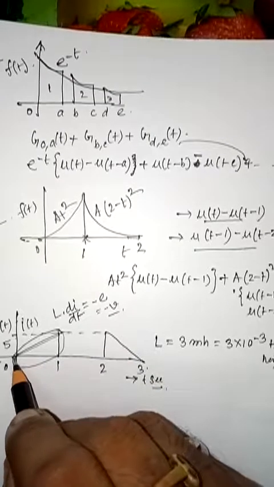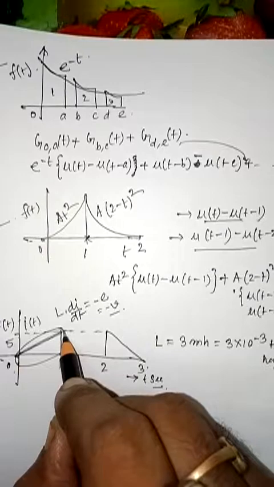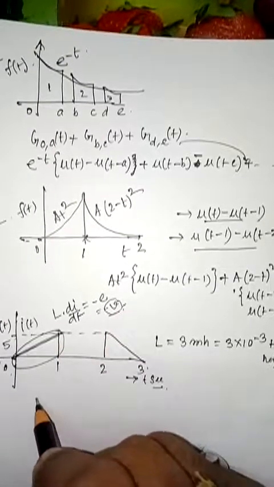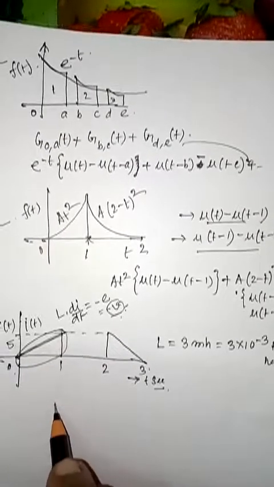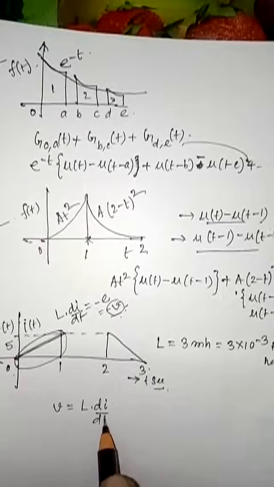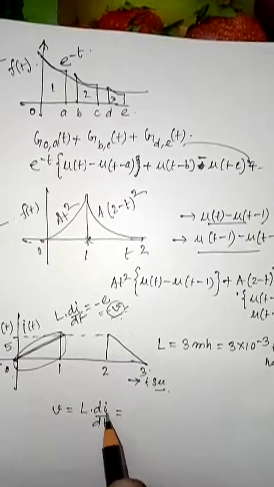Obviously where i is changing its slope very fast to the positive side, the V is increasing. So the V is induced. So what is the value of V? V equals, you know, L di/dt.